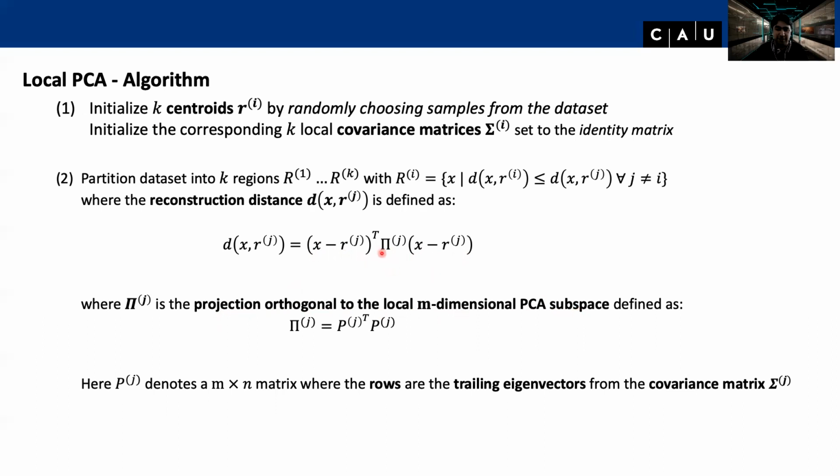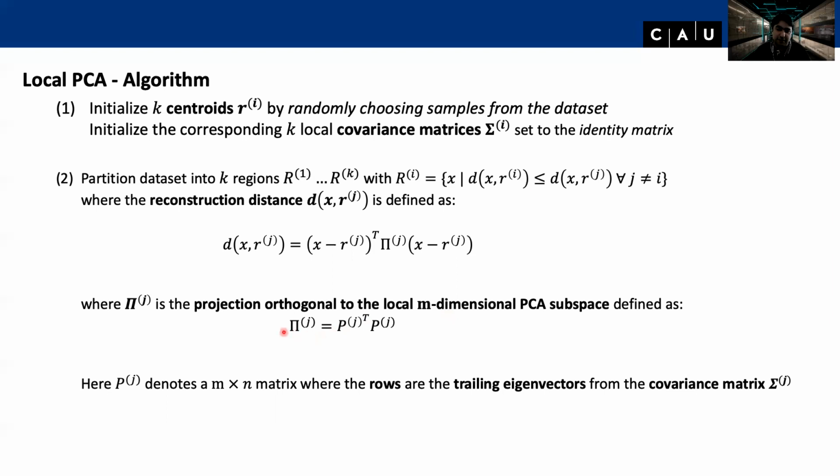In this matrix we have the information on the trailing eigenvectors, on which we are projecting the data to the m-dimensional subspace, where m denotes the eigenvectors with the m largest eigenvalues, so with the m largest variance that it exhibits.